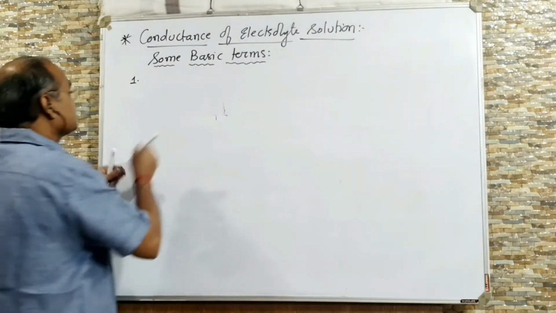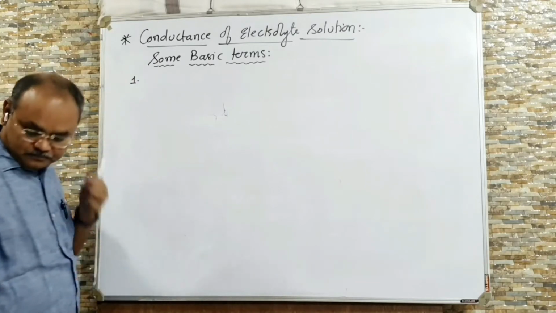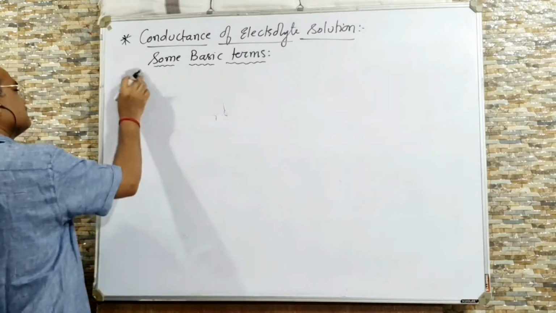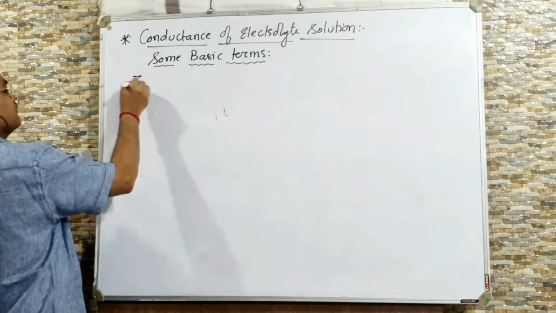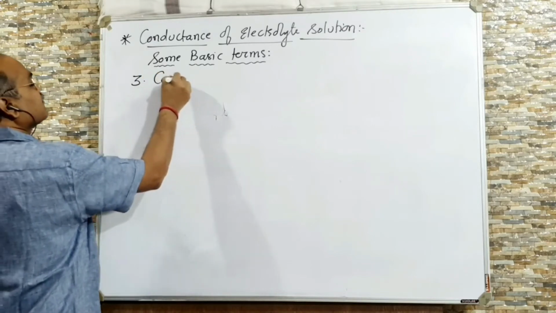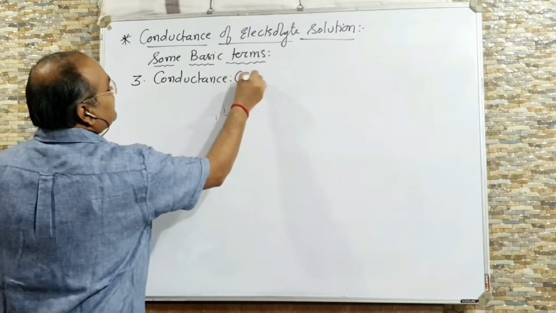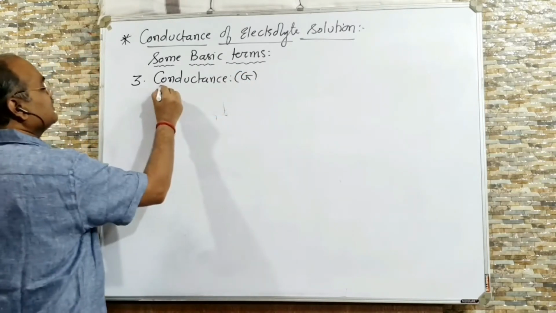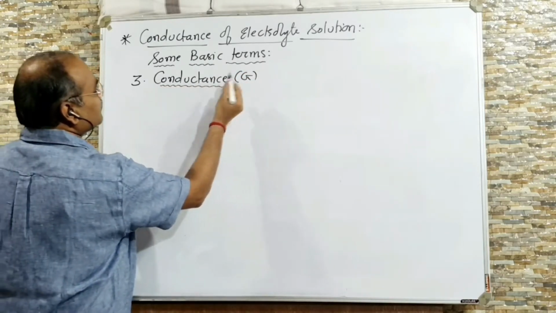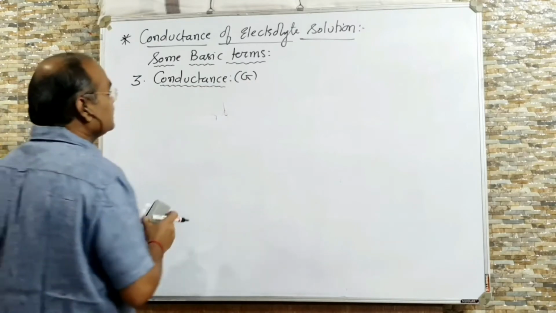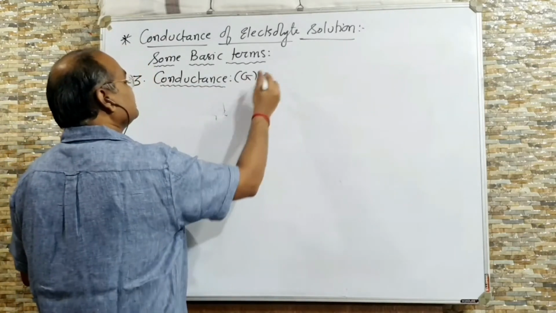Let us see what is conductance. The symbol is G. You can use different symbols also, but right now I am writing here C. What is conductance?